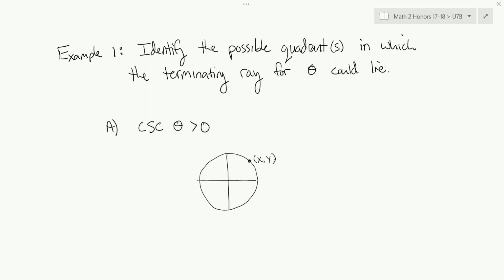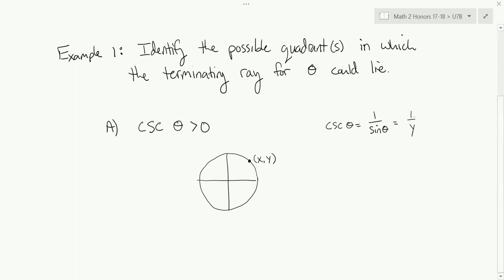We also need to know that cosecant is the reciprocal of sine. So the cosecant of theta is 1 divided by the sine of theta, and on the unit circle, sine is the y coordinate. So this is 1 over y.